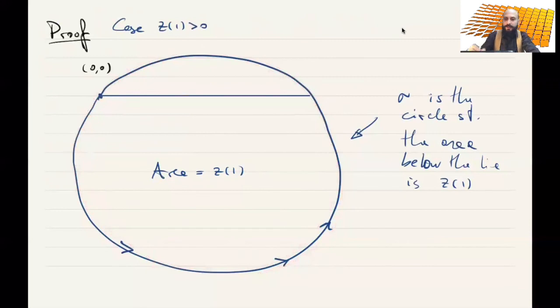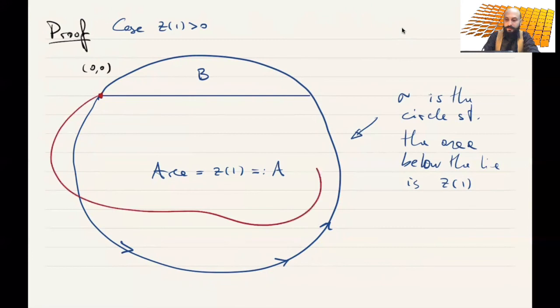So let's call this area A, and this area B. A and B together are just the area of the circle. Now let's assume that we have another curve, let's call it tau.